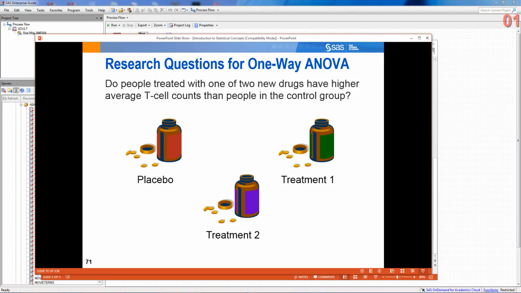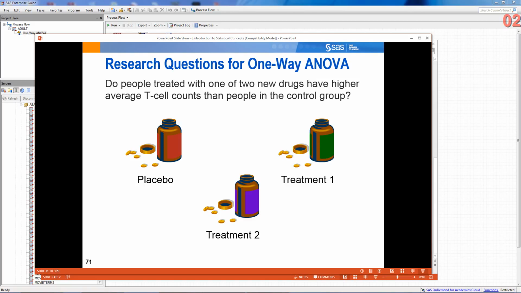For example, if you have three different groups and you want to see if there is any effect on the dependent variable by this independent variable, we could use ANOVA.